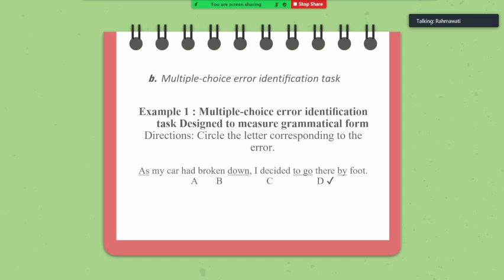Presented is a multiple choice error identification test designed to assess grammatical form, or more specifically the use of the preposition on with food. We could also argue that this is designed to measure lexical form, since on food is a fixed or lexicalized expression. This item will be scored right or wrong.